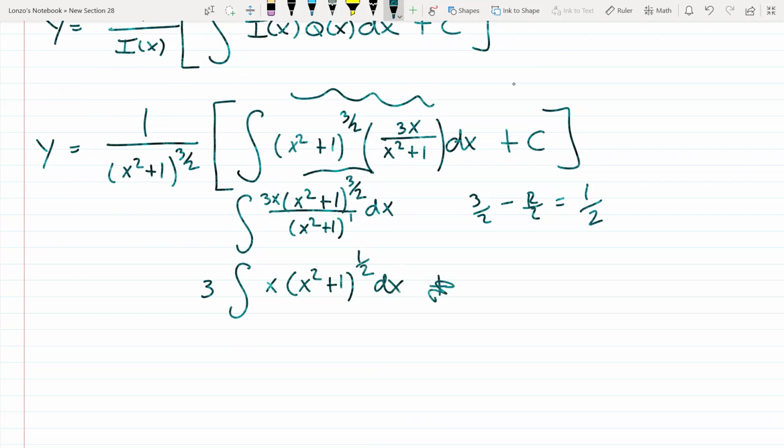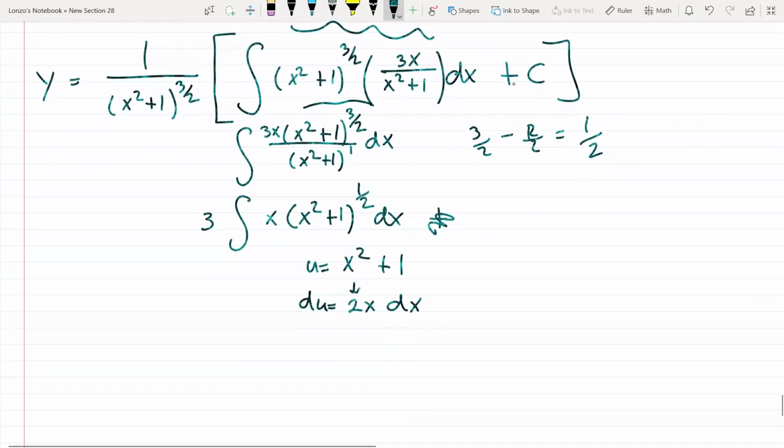So how do you take the integration of this? Yes, you said it, u substitution. So u is x squared plus 1, du is 2x dx. And then I have this 2 here, so I have to get rid of it because I don't need it. How would I do that? Get rid of the 2 by multiplying both sides by the reciprocal of 2, which is 1/2.